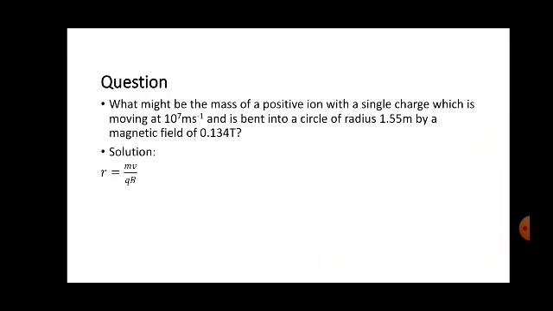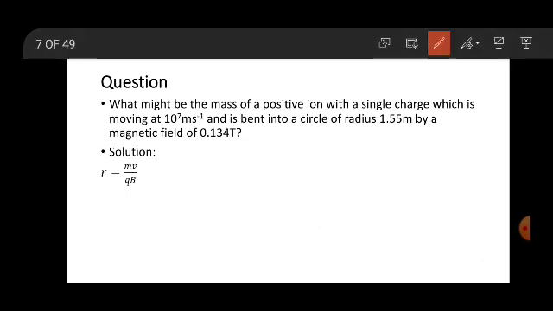Good. So let's see questions here. This says, what might be the mass of a positive ion with a single charge, which is moving at 10 raised to the power 7 meters per second and is bent into a circle of radius 1.5 millimeter by a magnetic field of 0.134 Tesla. Here we are asked to find the mass.